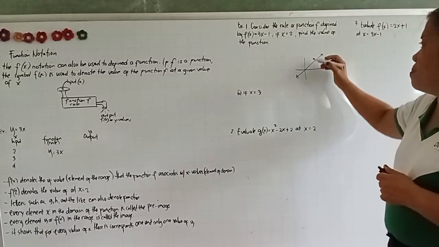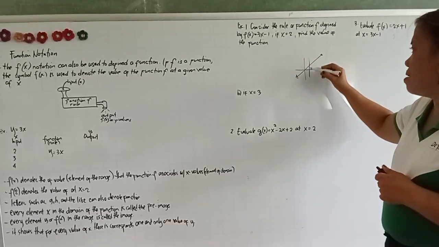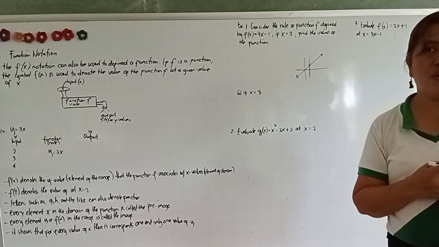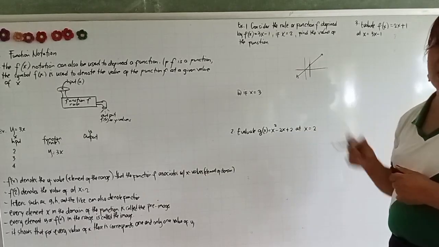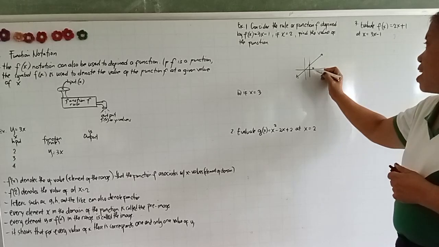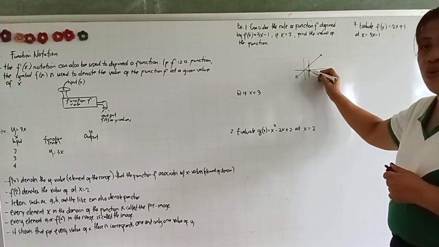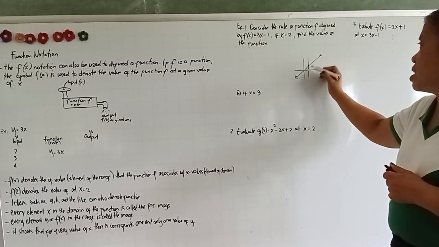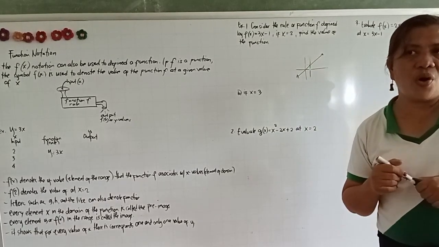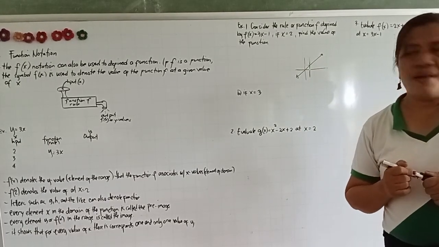If the graph meets the vertical line test, right? One point. So you can determine that this graph is a function. Check this one, only one x is paired to one y. So it is a function.